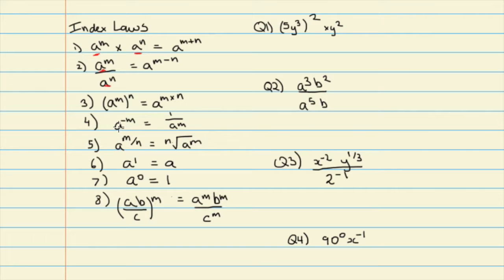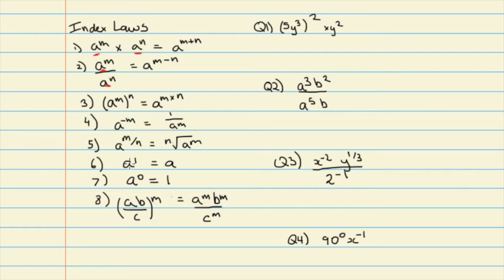Next rule, if you have a number to the negative exponent, what you do is you take that number and you put it under 1. The next rule, if you have any number to the power of a fraction, the denominator of the fraction becomes the nth root, and the numerator becomes that new exponent.